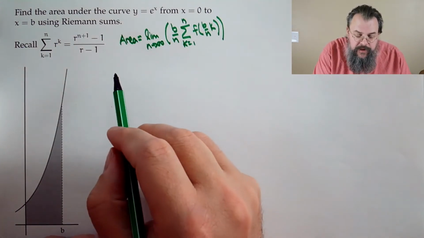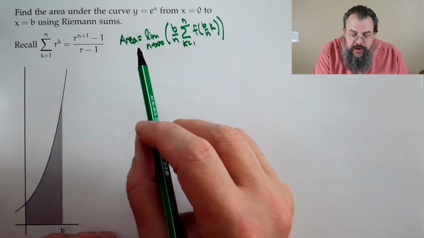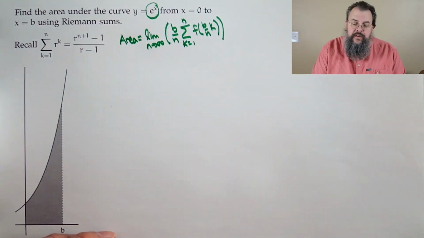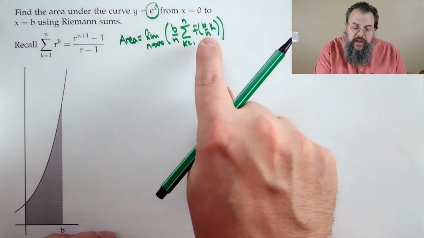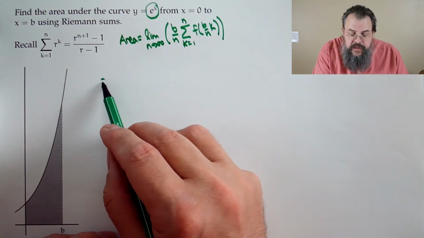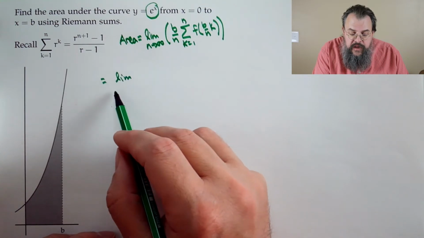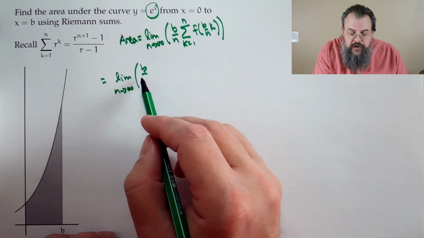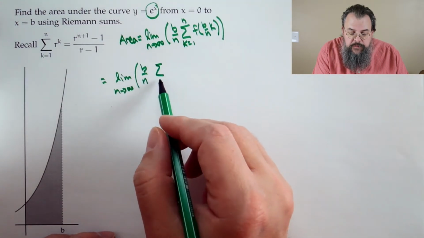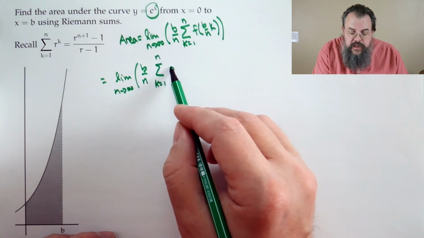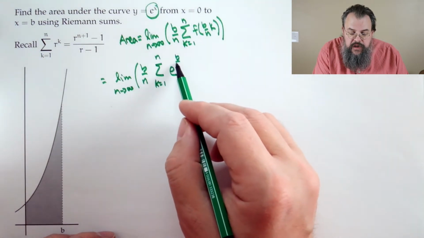Well, let's see. Our function is e to the x. So when we plug it in, it's like we're taking e to that power. So this is our limit as n goes to infinity of b over n, then our sum, k equals 1 up to n of e to the b over n times k.